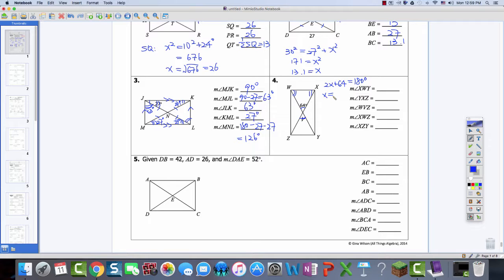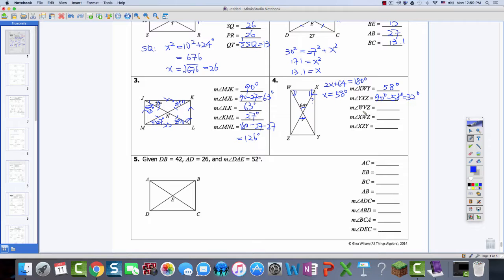If you solve for x, it should come out to be 58 degrees. So that's 58 degrees. And then next is YXZ. It's this one here. That would be simply the 90 degrees of WXY minus this 58 degrees that we just found. It should give us 32 degrees.